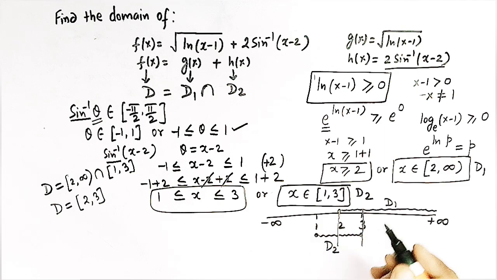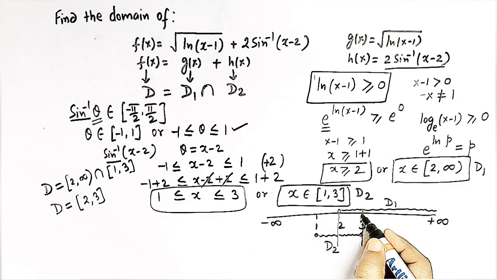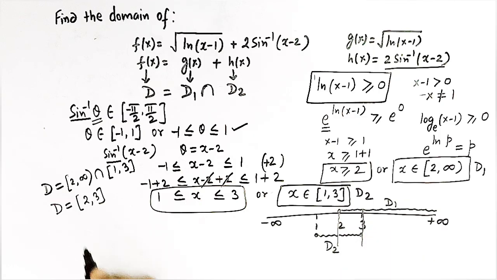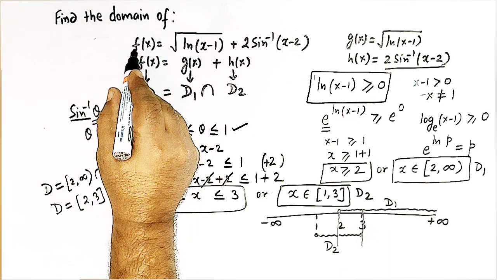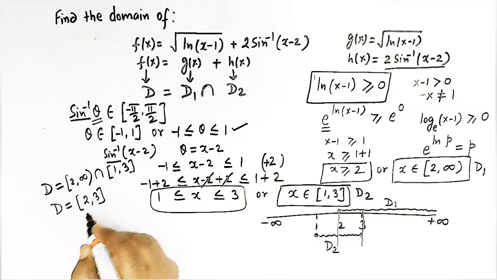And here it is important to note that 2 is also included and 3 is also included. So the required domain of f of x is given by this closed interval 2 to 3.